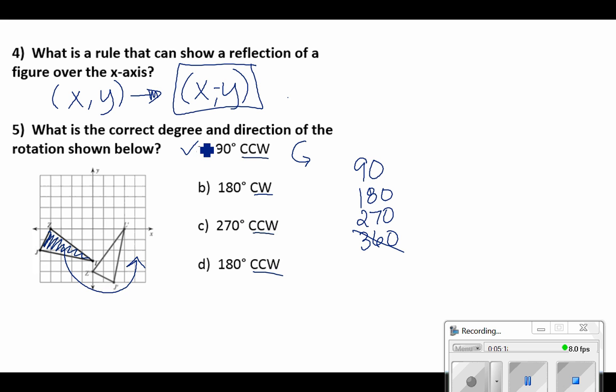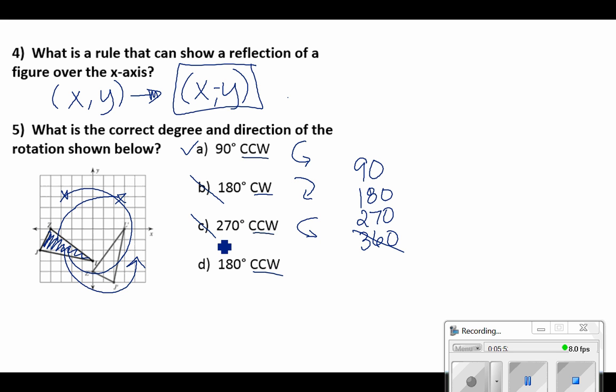For B, I'm going clockwise, which is the way that the clock goes, 180 degrees, which means I'm going two sections. So if I'm here, I'm going to go 1, 2. Well, that's not giving me the right answer choice. Choice C, 270 degrees counterclockwise, which is this way, and it's going to be 3 sections. 1, 2, 3.